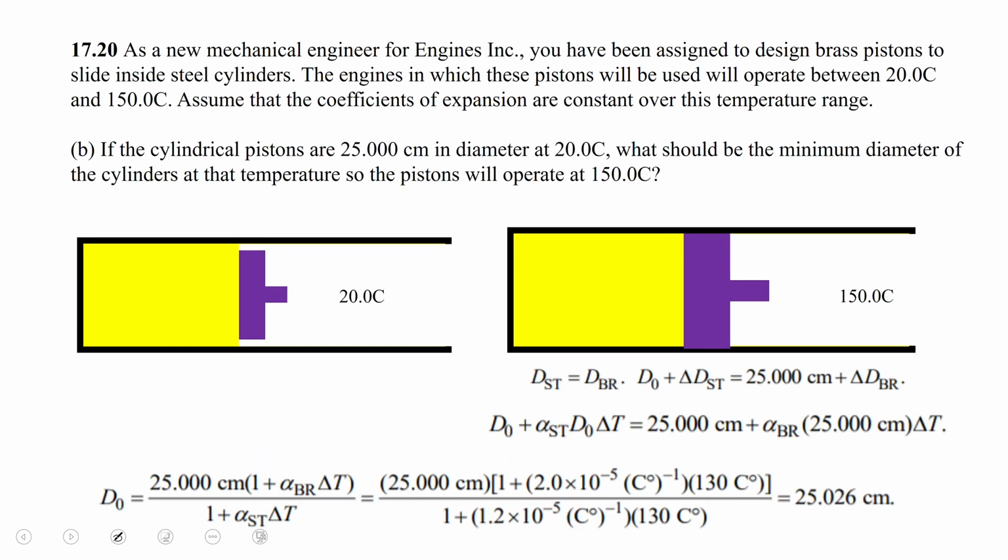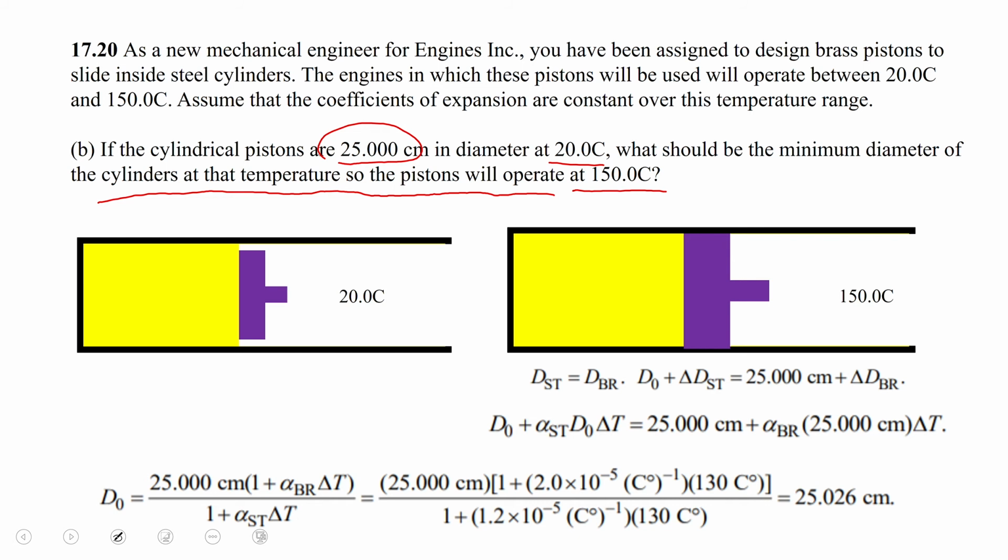So this is part B. Part B says we know the diameter of the cylinder at 20 degrees, and we want to use this piston at 150 degrees C. And the question is, what should be the minimum diameter of the cylinder at that temperature so the piston will operate at 150 degrees?